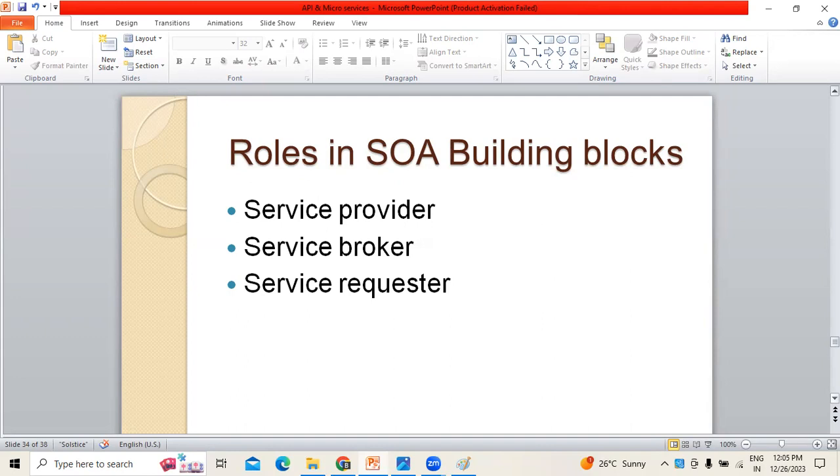Please write down under service provider: this role will also determine the service category, and if there need to be any trading agreements.